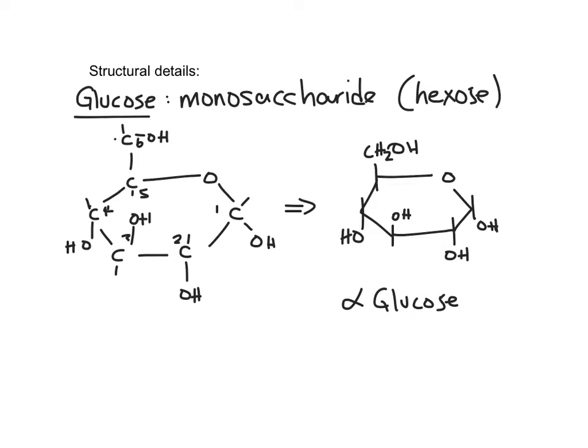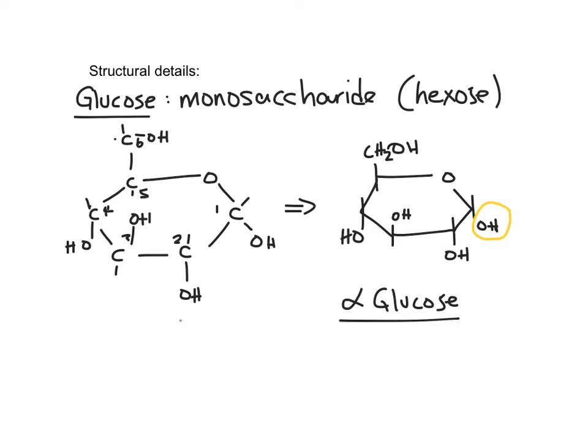And the difference that we're going to look at is the difference between alpha glucose and beta glucose. And the only real difference is the position of this hydroxyl group. Because in beta glucose, which I will sketch right here, I will do that in red.